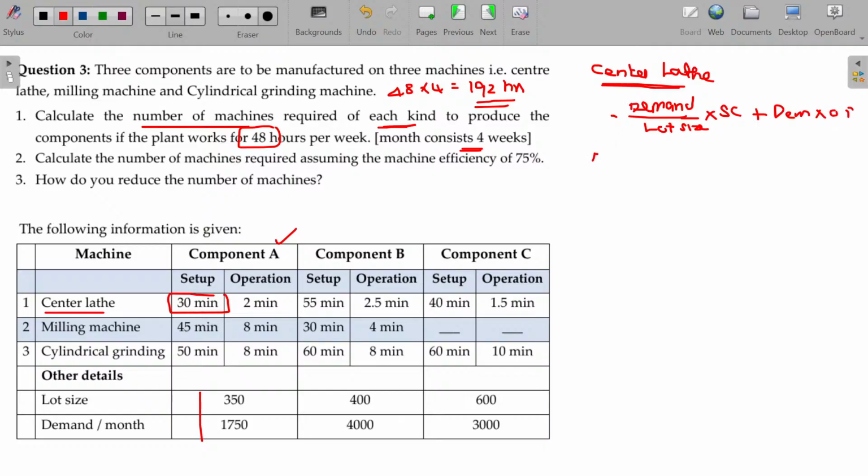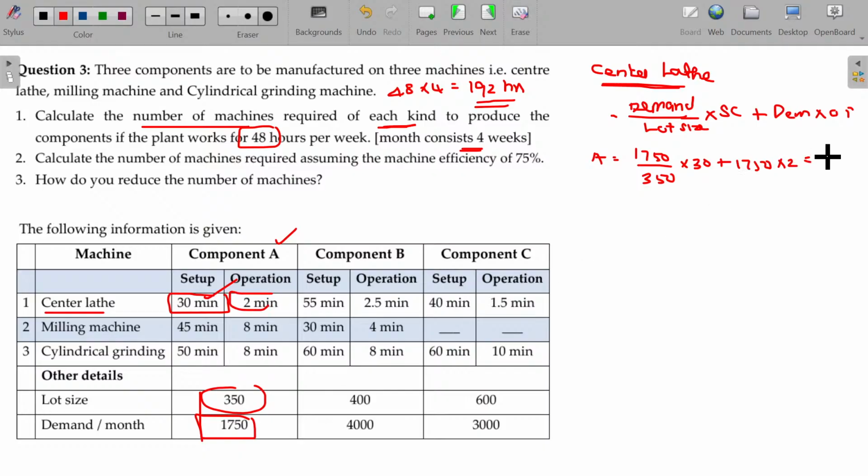For A, demand being 1750 units, lot size being 350, into setup time being 30 minutes. And what about the operation time? 1750 into 2 minutes.